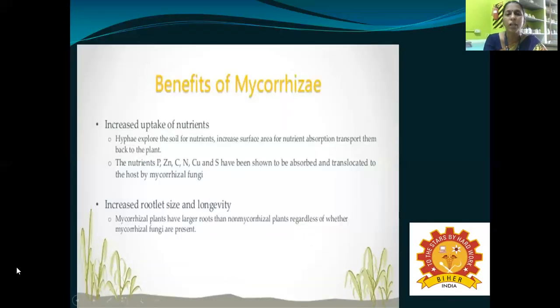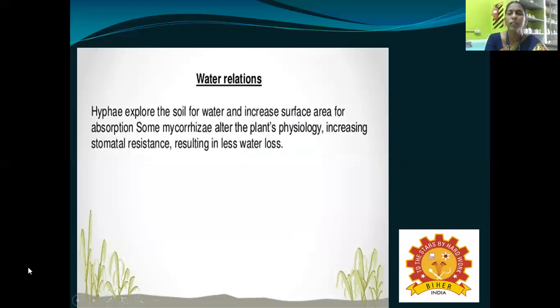And then water tolerance. If you have these hyphae, they explore the soil for water and increase the surface area for the absorption of nutrients. At the same time, the mycorrhizae can alter the plant physiology, increasing the stomata resistance.